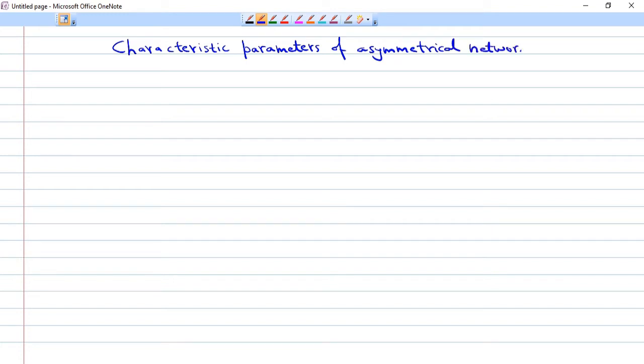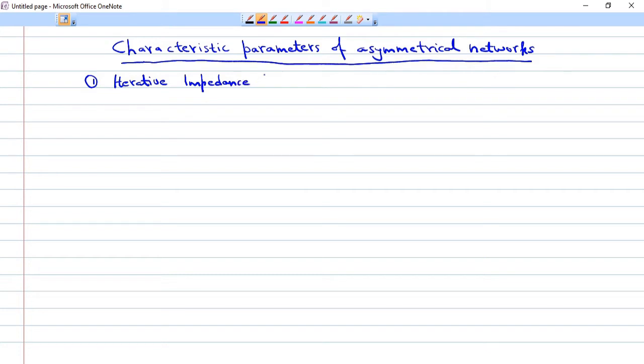So we have seen the characteristic parameters of asymmetrical networks. So we have defined what is iterative impedance, that is ZT.